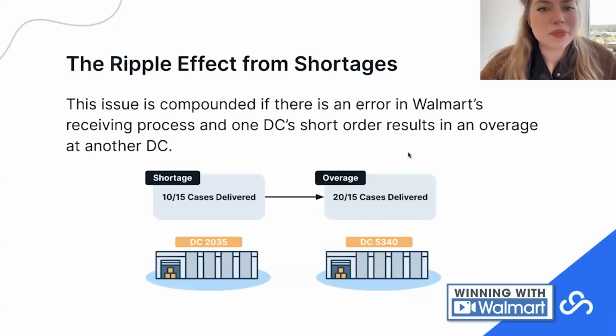So I don't know if you guys have ever had the chance to do kind of a DC tour. I have. It's been quite a few years since I've been able to do that. But the receiving process at Walmart is very manual. So you could even see this issue happening at a single DC where they're receiving the product and a person is manually scanning.